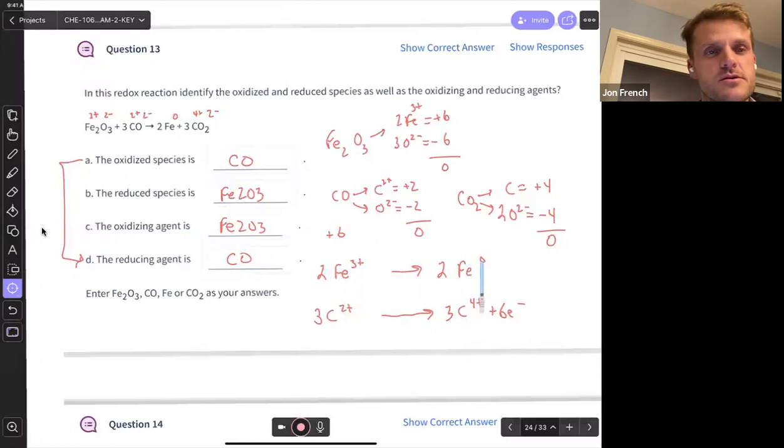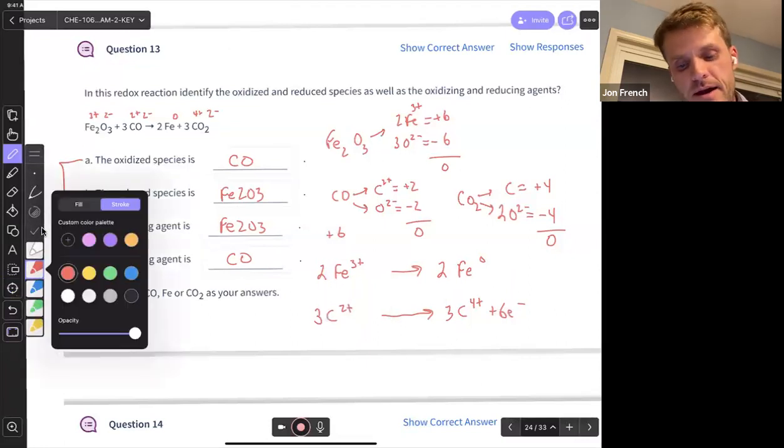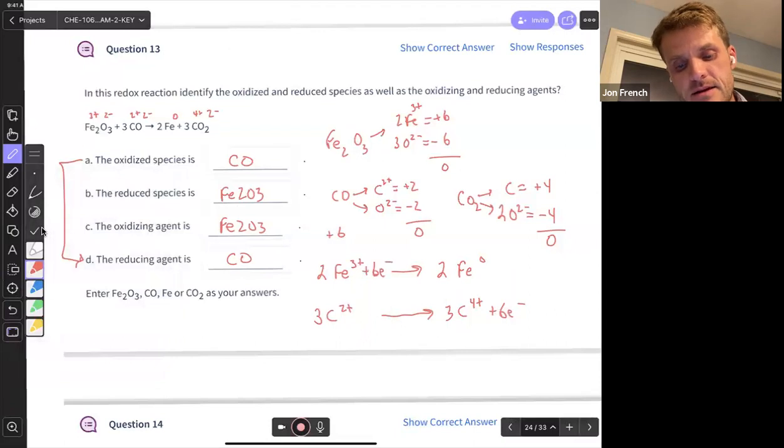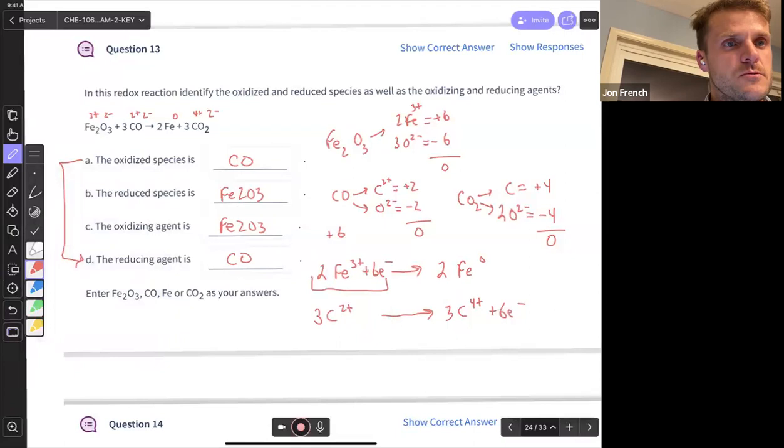My total charge here is neutral. The only thing I have to work with are negatively charged electrons, so adding them on the right, there's no way I can balance out this equation. If I'm +6 here, but I need to be neutral, I can do that by adding in 6 negative electrons. Now +6 -6, that's neutral.